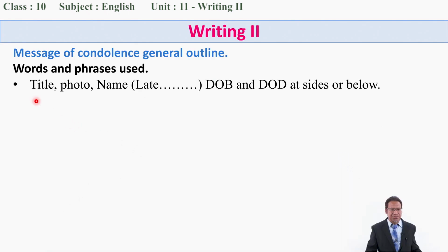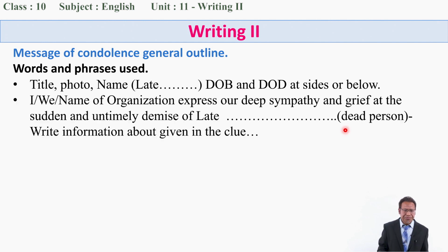Now, in the message of condolence, what you have to take care of is the title. The title is "Heartfelt Condolence." In a straight line or a curved line, you can decorate. You can have a photo. There will be the name starting with "the late." You will have the date of birth and date of death at the side or below. That's important.